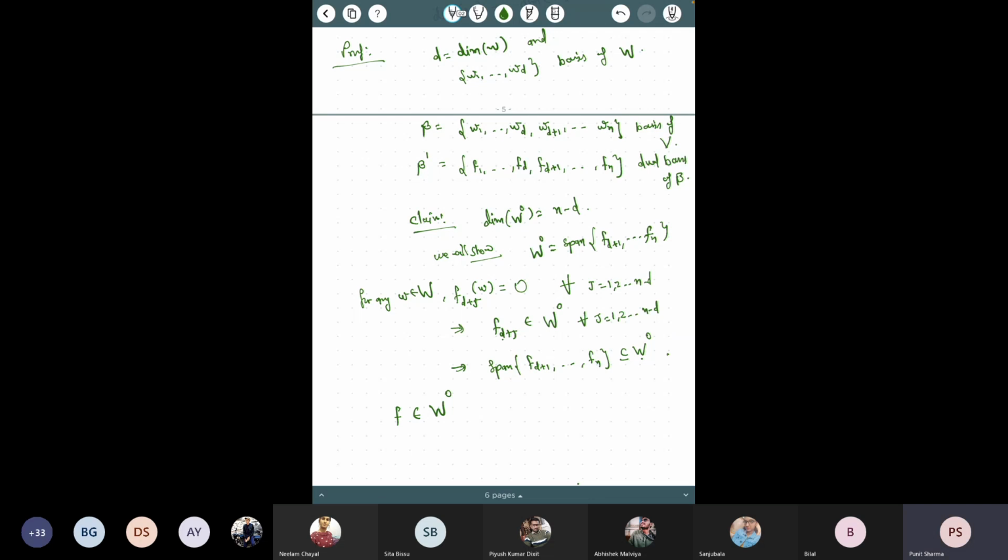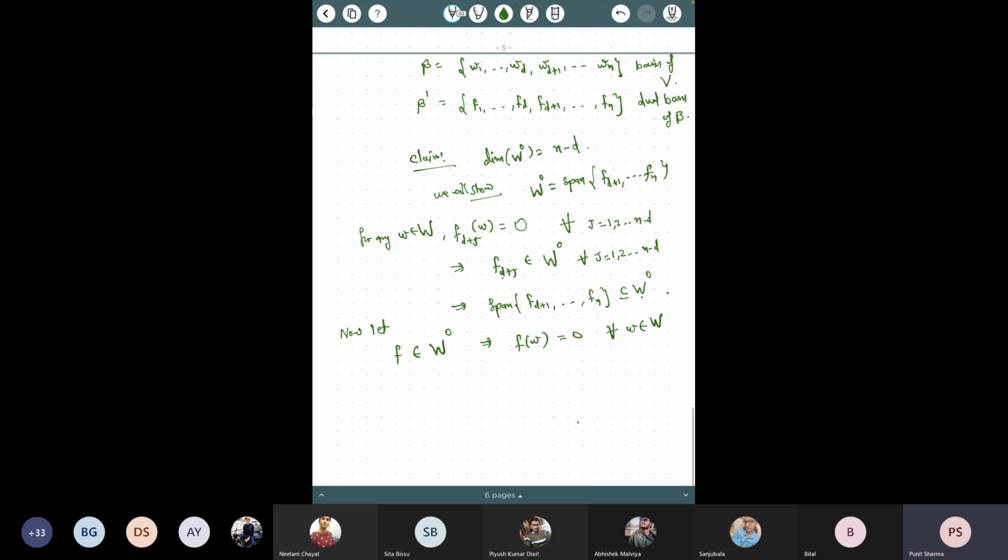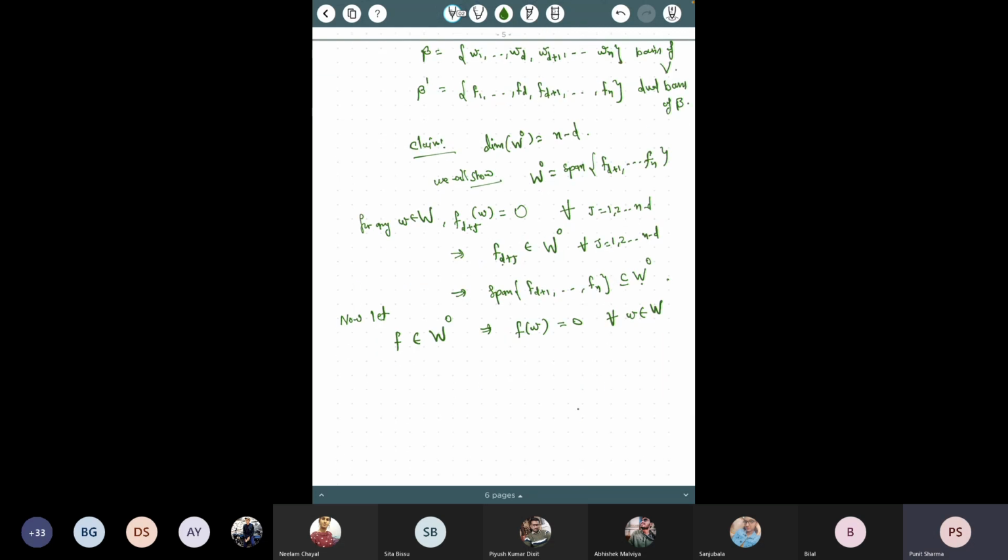What does it mean? If f is in W naught, then clearly f of w is 0. So let f be in W naught, then this implies that f of w is 0 for all w in W, by definition of this annihilator.